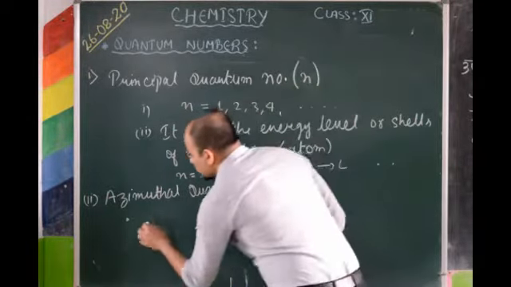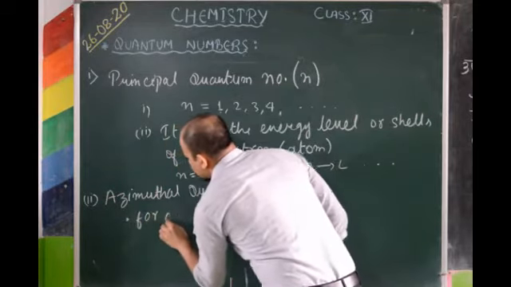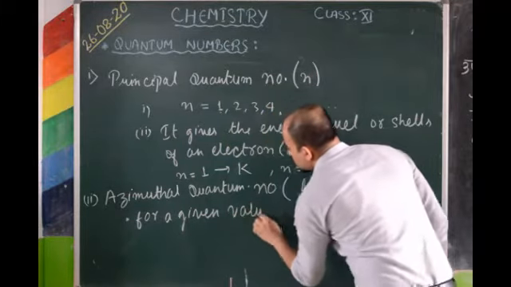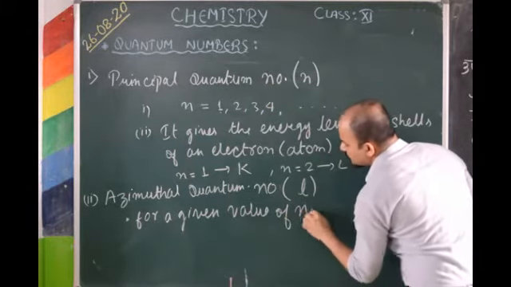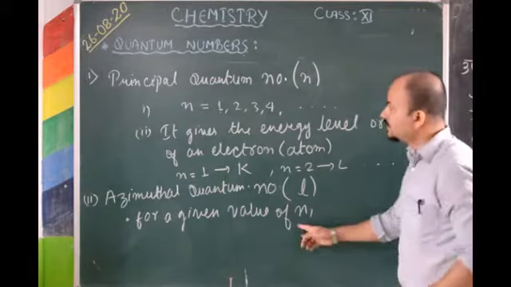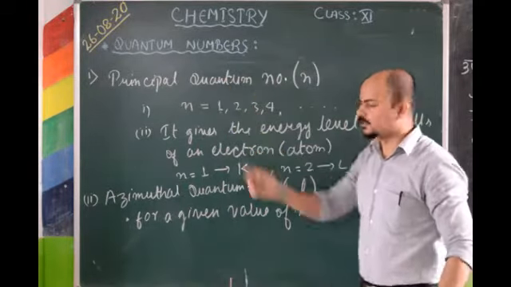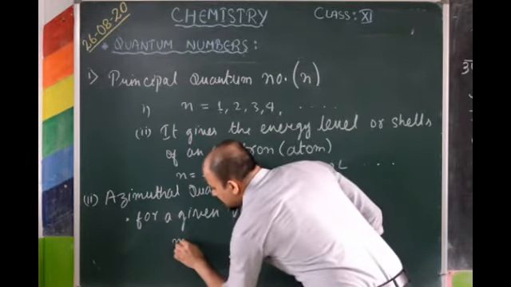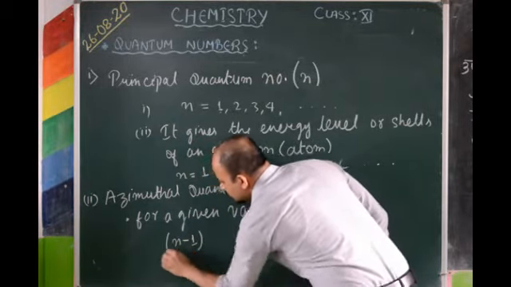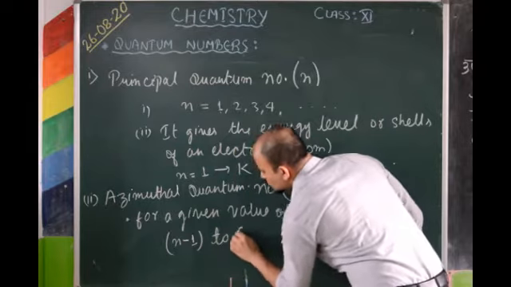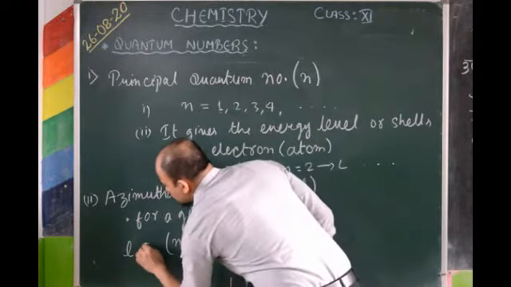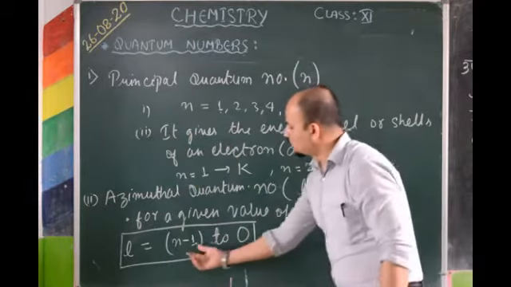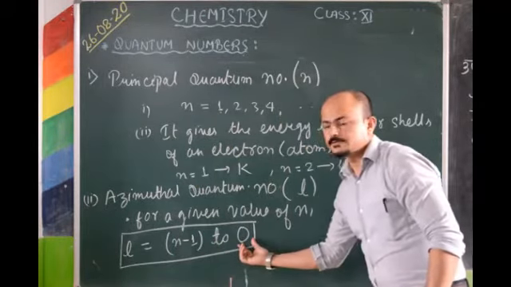So, for a given value of n, the principal quantum number, the value of l varies from n minus 1 to 0. The value of l will be equal to n minus 1 to 0.